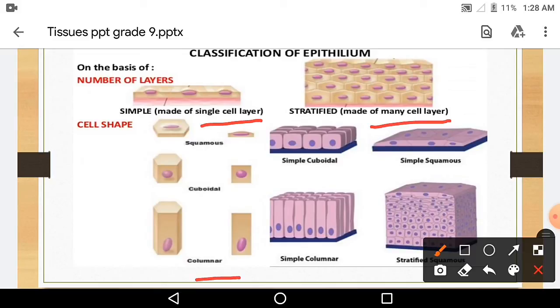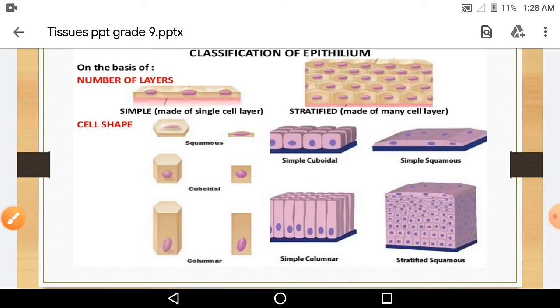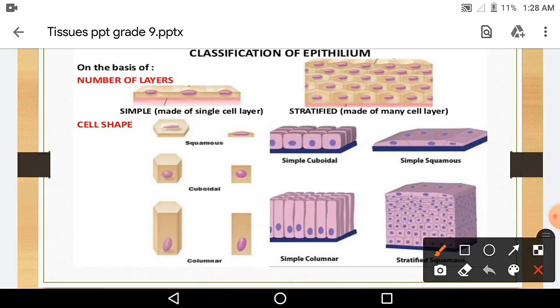Columnar means they are long and pillar-like: simple columnar and stratified columnar. Simple cuboidal is cube shape, and simple squamous is flat, polygonal shape.